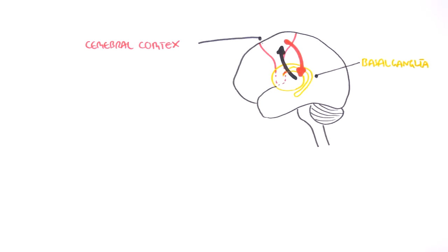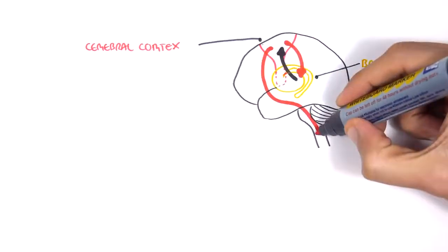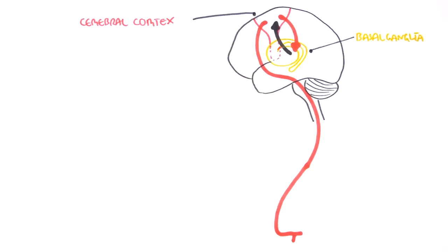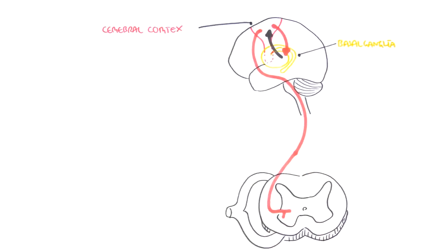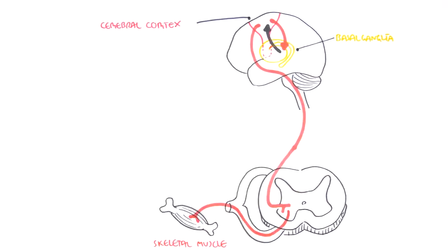The motor cortex can then send the signals down the spinal cord, and then out through the ventral horn of the spinal cord to the skeletal muscle to initiate a smooth, controlled movement.